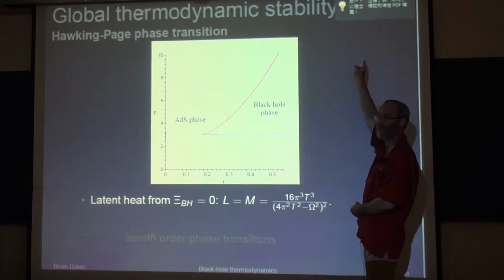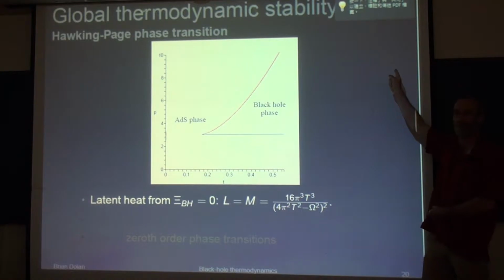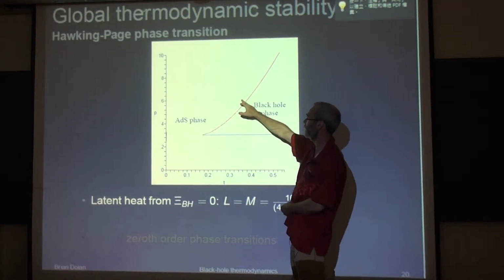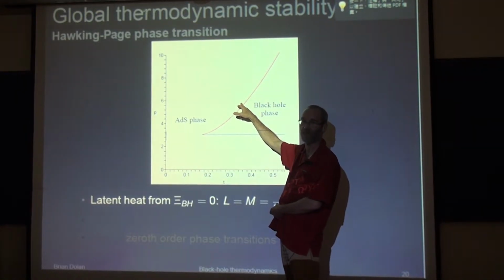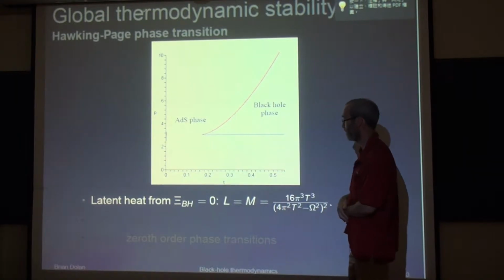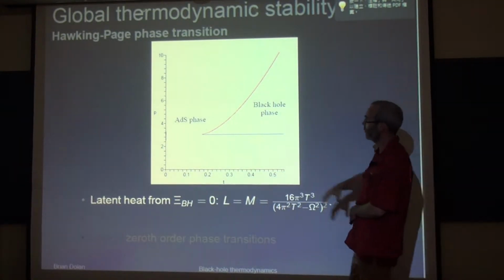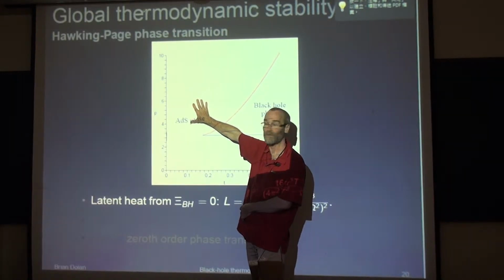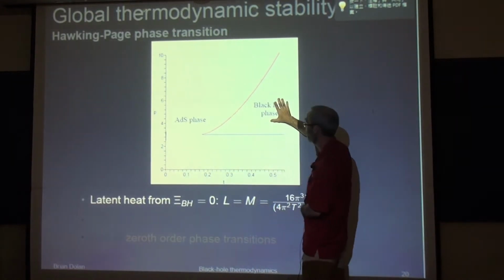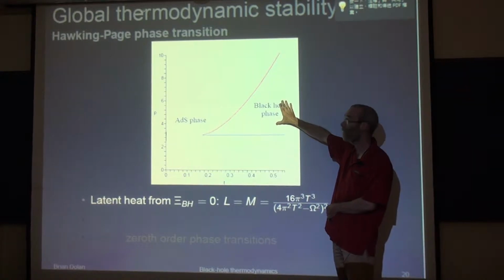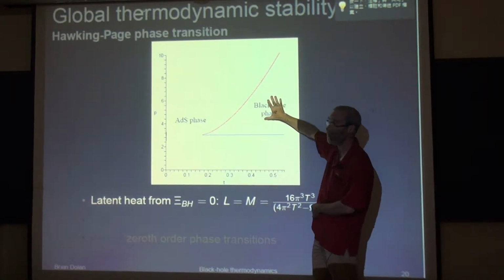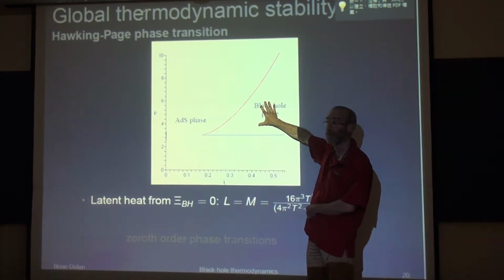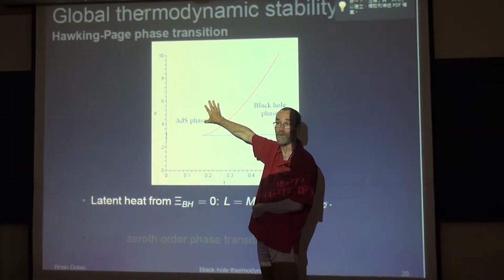You have to go out to infinity before the latent heat vanishes. At any point that's not out at infinity, there's a non-zero latent heat across this line, and we have a first order phase transition. So to the left of this line we have pure anti-de Sitter space with radiation, and to the right of the line the black hole is stable. So in this region here, the Gibbs energy of the black hole is negative, and in this region here the Gibbs energy of the black hole is positive.